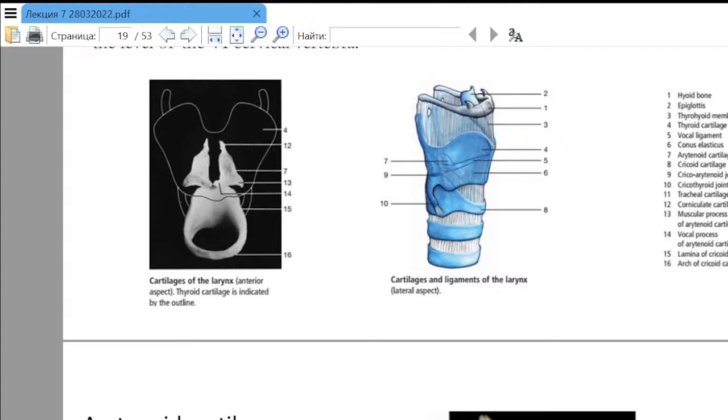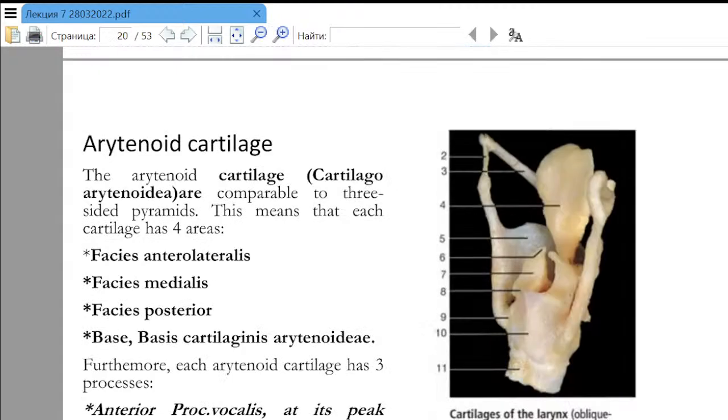You see this is cartilage corniculata. This is the posterior facies, this is medial. Well, this is apex.